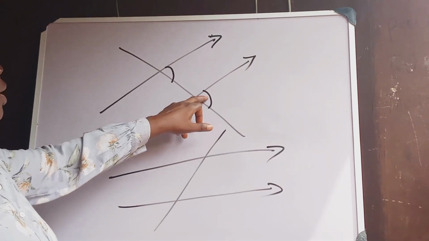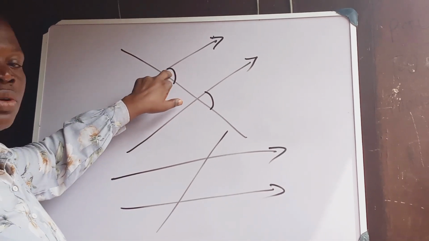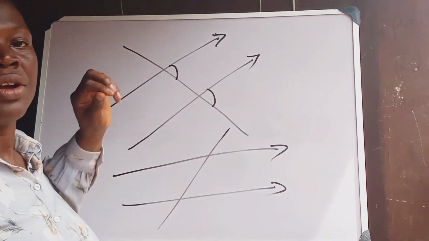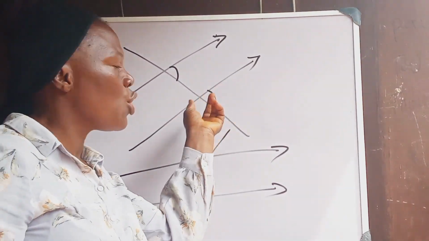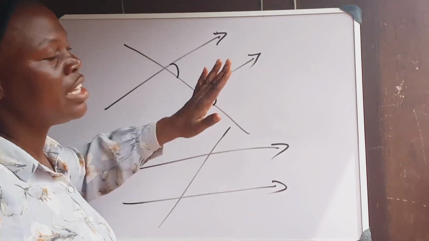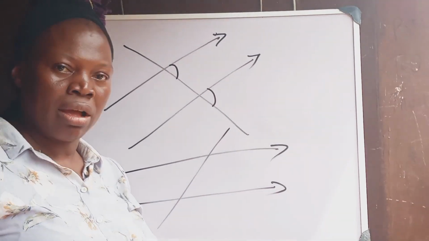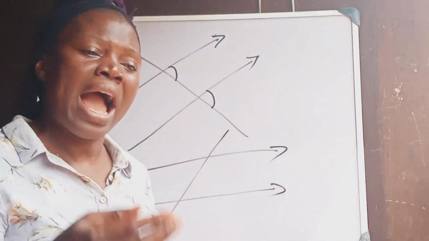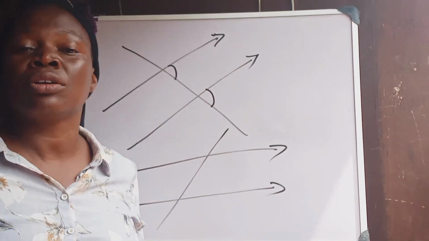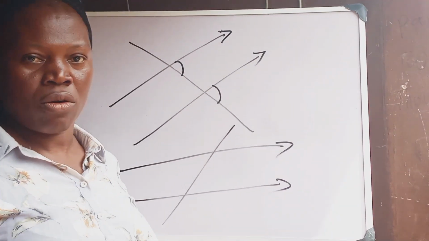There is an angle here and there's an angle here. These two angles are referred to as corresponding angles. They correspond to each other. And I want to let you know today that corresponding angles are equal.